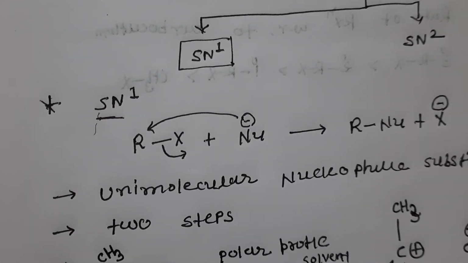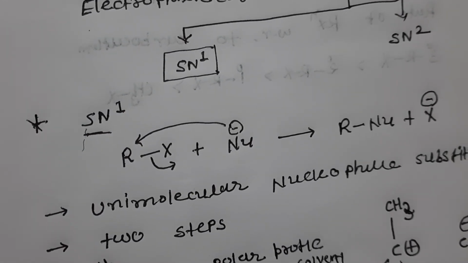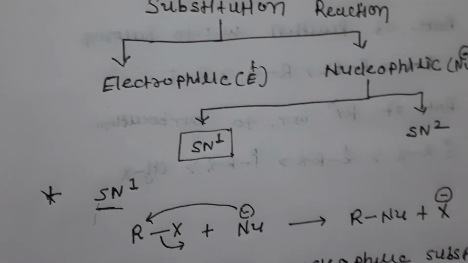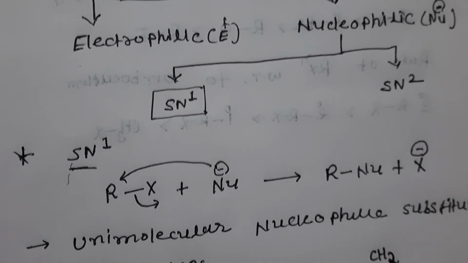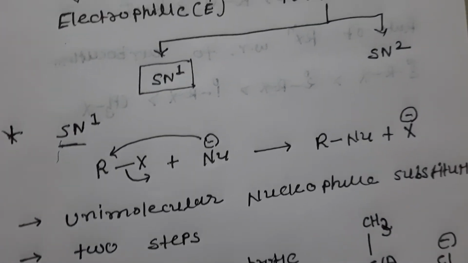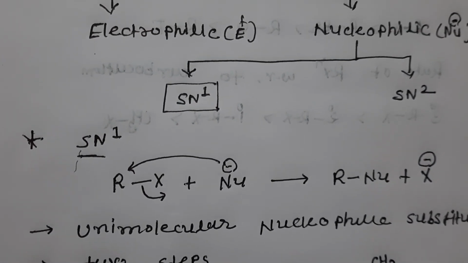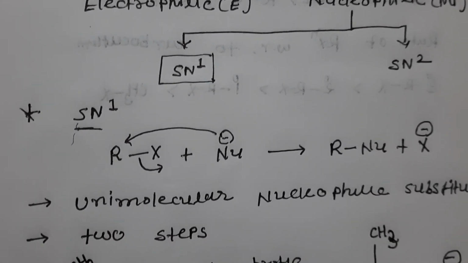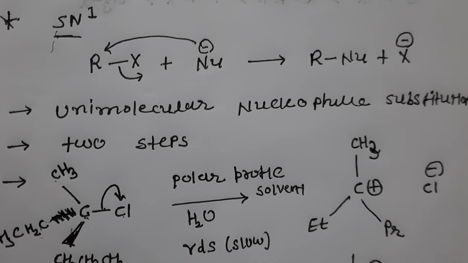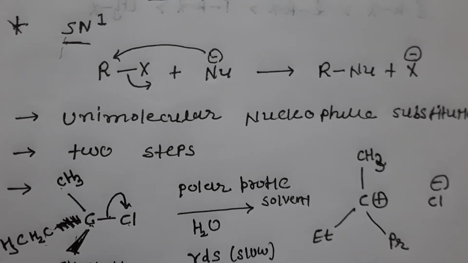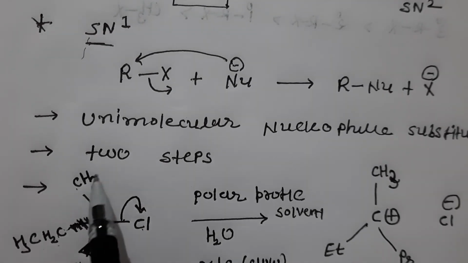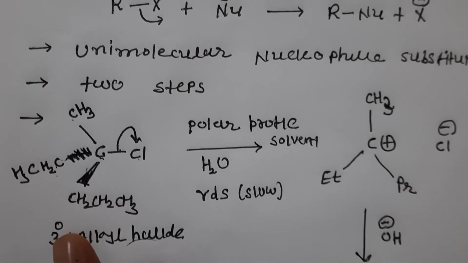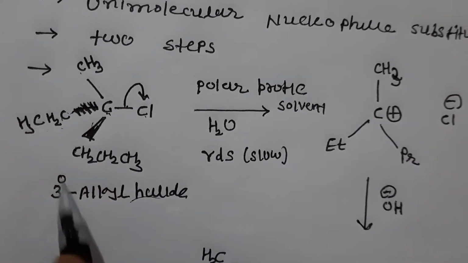So again we recall it. The SN1 reaction is called the unimolecular nucleophilic substitution reaction. This reaction occurs in two steps. The first step is slow and is the rate determining step, and the rate only depends on the alkyl halide.